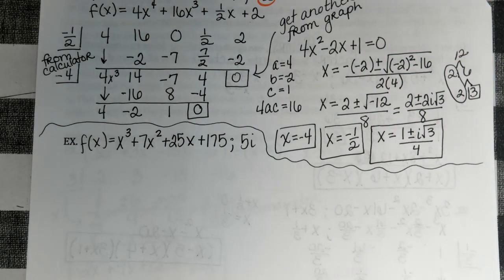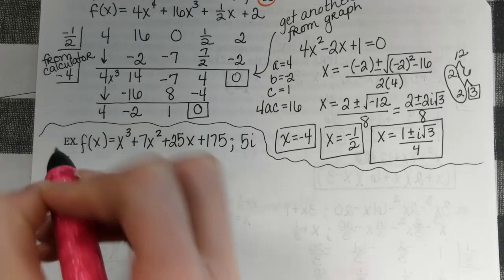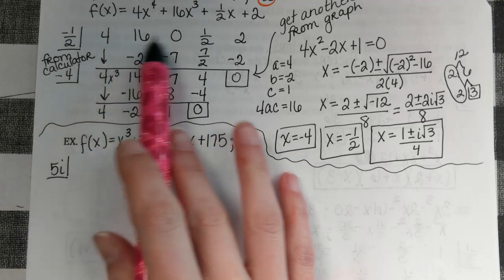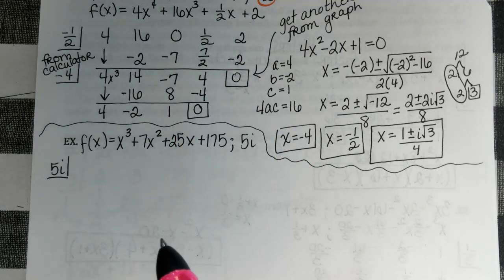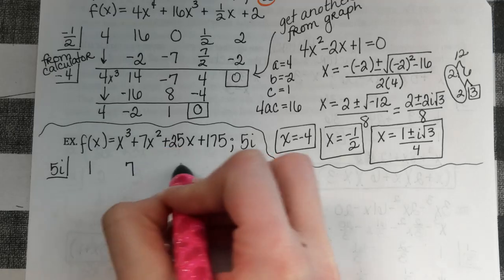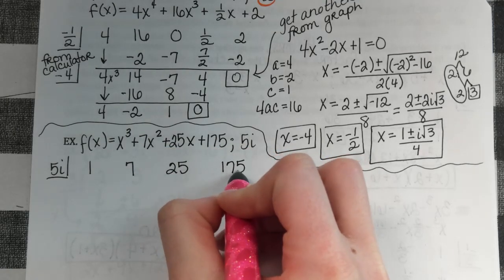Okay, I have the same steps, I just have 5i over to the side. Okay, so I would space this out a little bit further than what I did here because you're going to have i throughout your problem. Okay, so I have my 1, 7, 25, and 175.